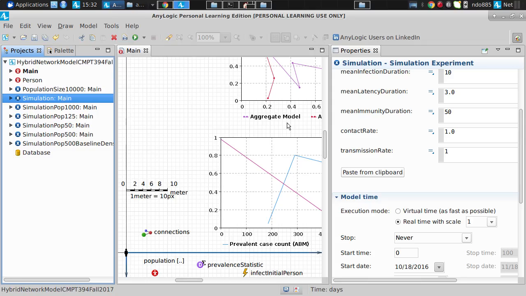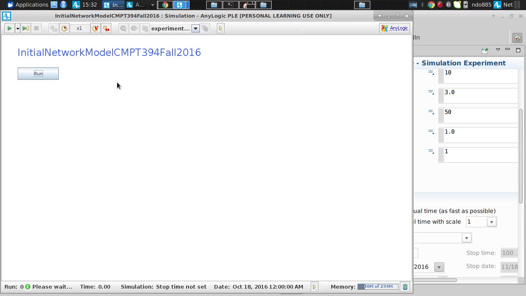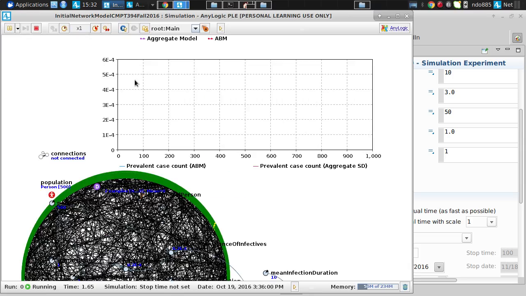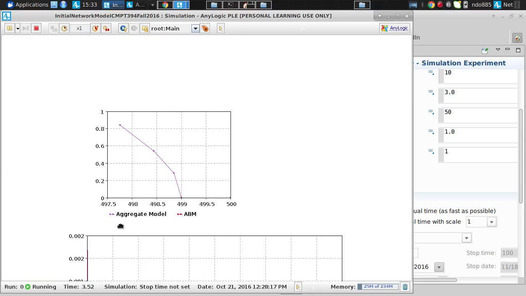Okay. So that's good. Now, if we were to go up to a population of 1,000, let's say, and run it there, how do you think this will differ from the aggregate model?